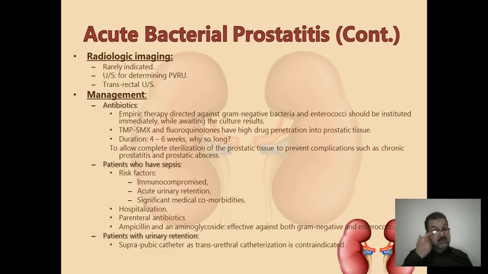If the patient has urinary retention, we prefer to do a suprapubic catheter rather than urethral catheterization, because it is more comfortable for the patient and far away from the inflamed prostate, so less painful.